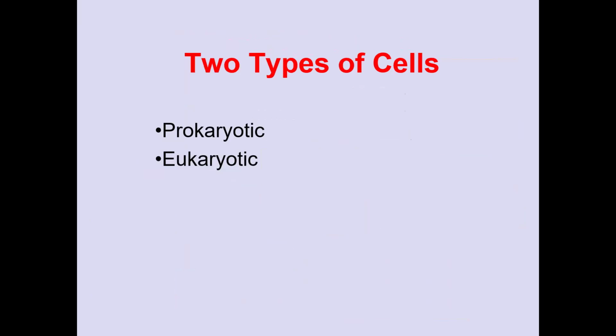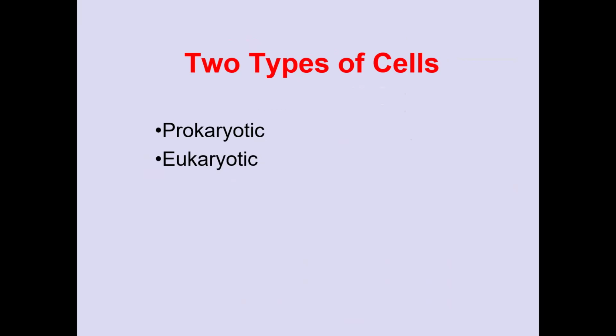We can categorically divide cells into two types: the prokaryotic cells and the eukaryotic cells. Prokaryotic cells are found in unicellular organisms called prokaryotes. They are made up of a single cell.